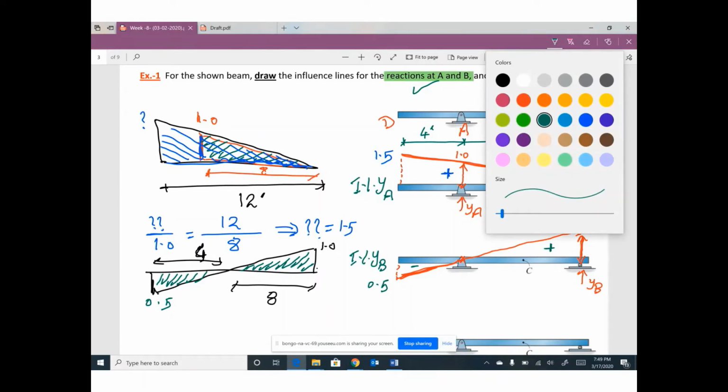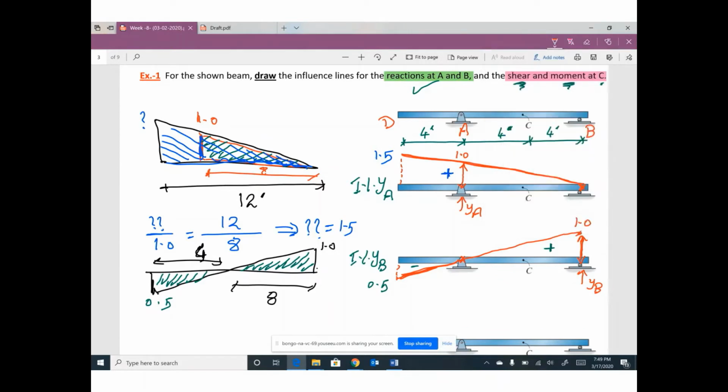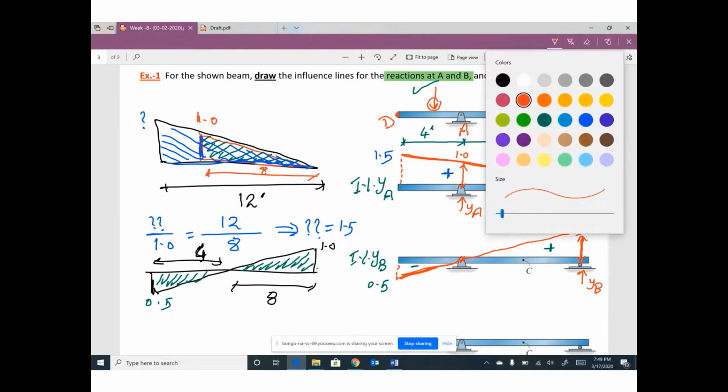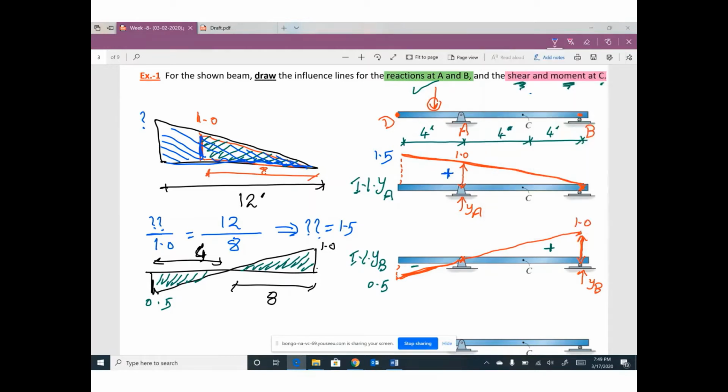What is the game? Actually, your trip on this bridge started from D until B. The whole trip on this bridge for your moving load, we have a unit load moving on the bridge, the whole trip from D to B. Point C cuts this trip into 2 parts.